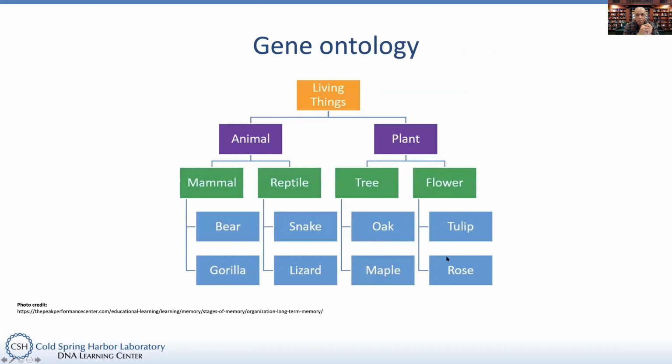So an ontology is a way of grouping things according to their relationships, and also if those relationships are somewhat nested, then you can get some structure out of it. So if we just divided animals and plants, right, we could say that, well, maybe something is a tree or maybe something is a flower. And then if I told you that something is a lizard, then you would know that it's also a reptile, and that it's also an animal, and that it's also a living thing.